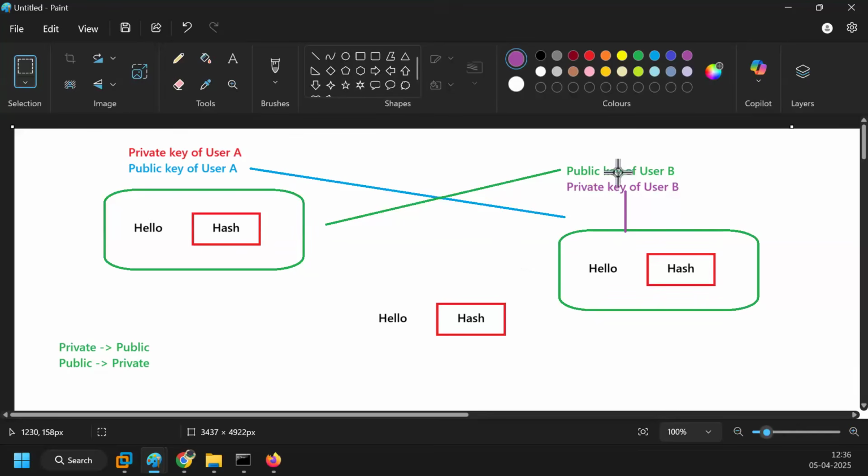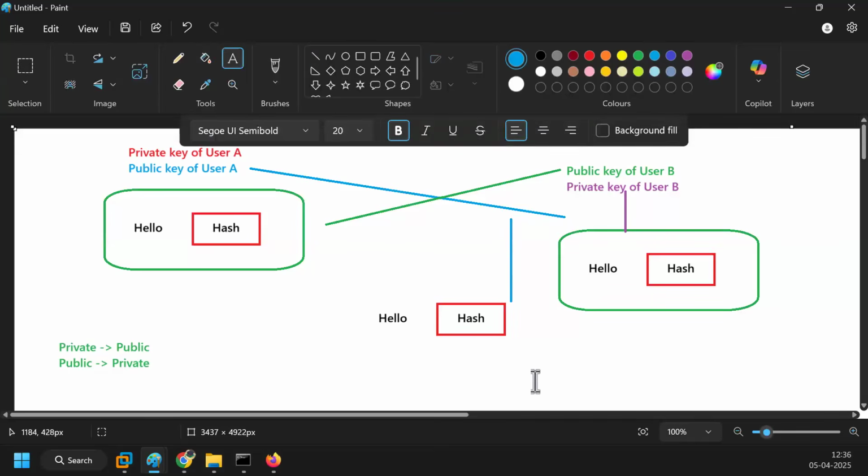But our user B already has the public key of our user A, which has been exchanged at the time of starting the communication. That is your blue color. So with the help of this public key, the blue color, he will be able to decrypt it and find the message, that is hello, as well as the hash value.